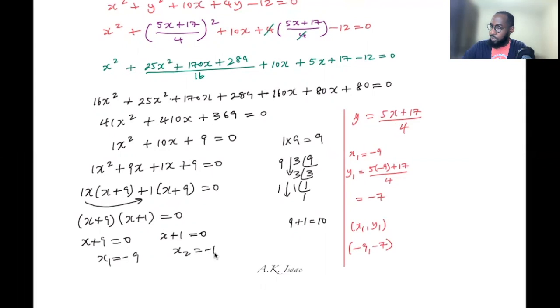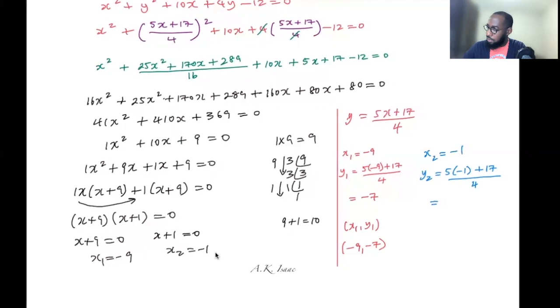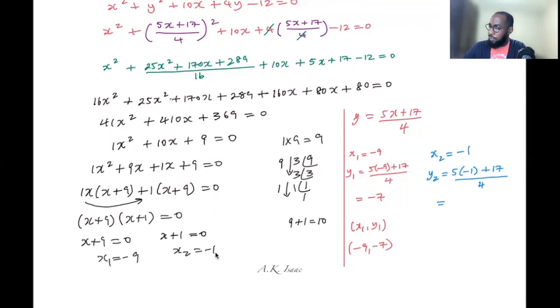That's the first one. So when x2 is equal to -1, y2 is equal to (5 times -1 plus 17) divided by 4, and you will get 3.